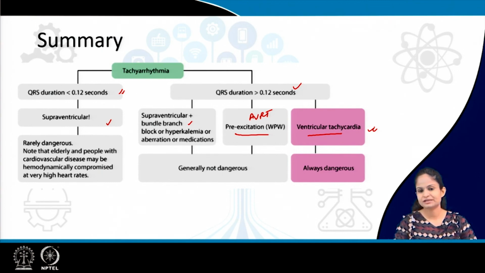But if the patient is not hemodynamically stable and comes with arrhythmias, that means the patient already has deteriorating blood pressure, and there are some electrolyte imbalances also. At that time the patient should be treated with the thumb rule, that is electrocardioversion, electrical shock is given to stop the arrhythmia, because if the arrhythmia further progresses, the patient will go into cardiac arrest, ventricular fibrillation.